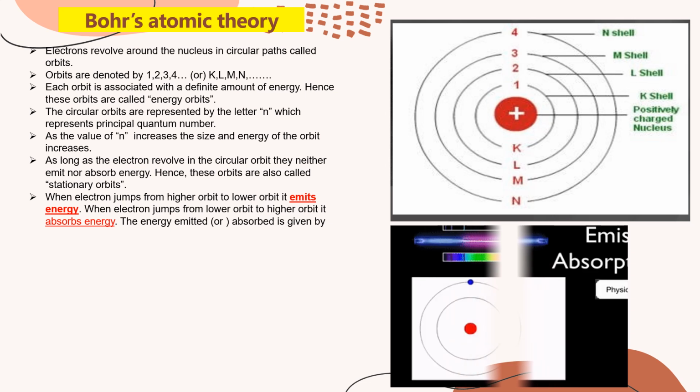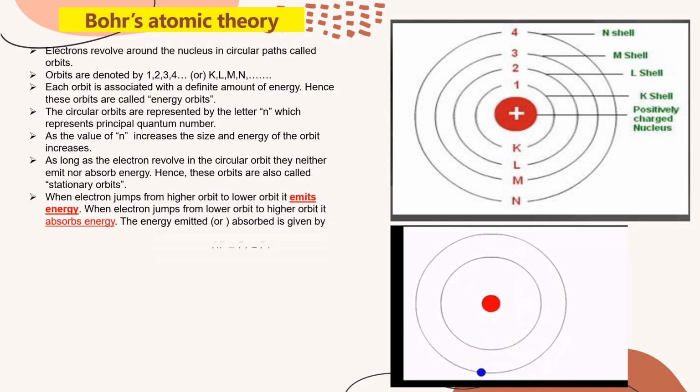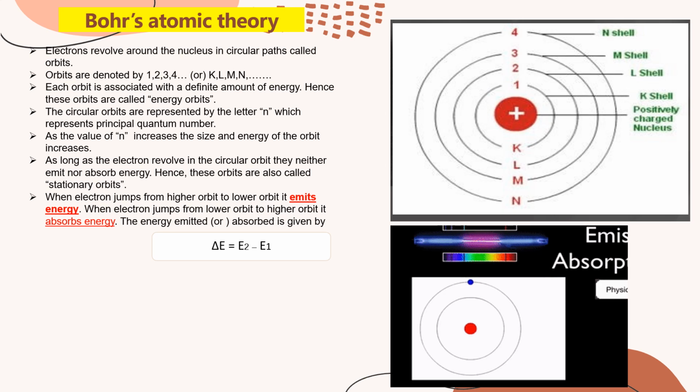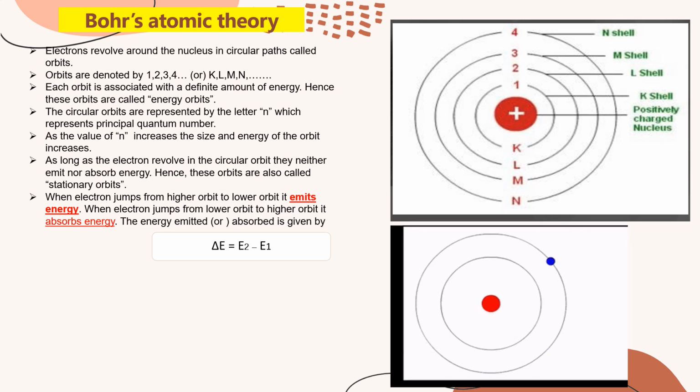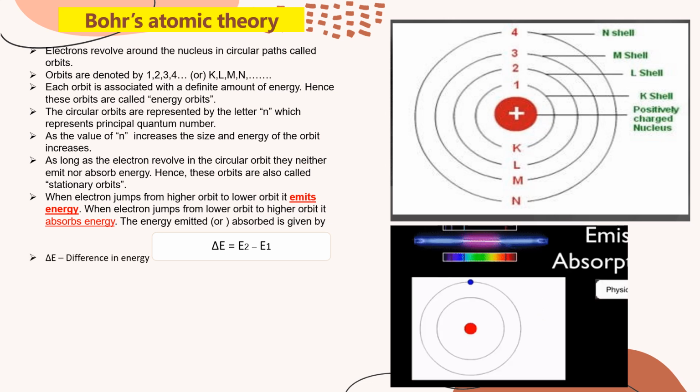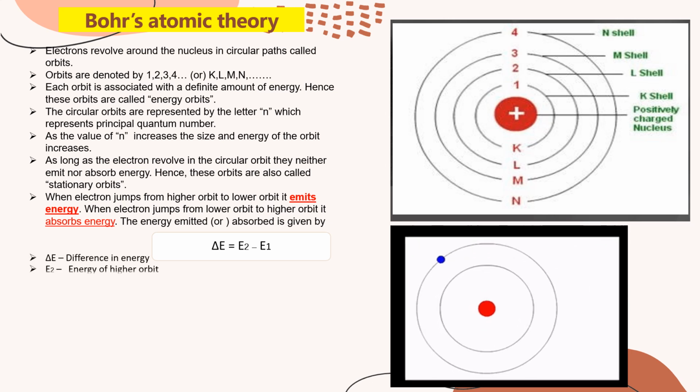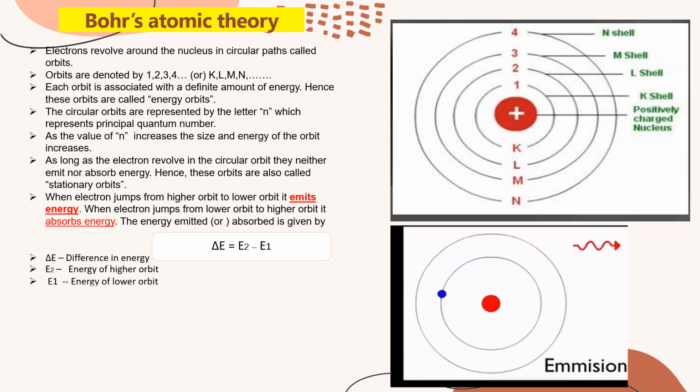When an electron jumps from a lower orbit to a higher orbit, it absorbs energy. The energy emitted or absorbed is given by delta E equals E2 minus E1. Here delta E is the difference in energy, E2 is the energy of the higher orbit and E1 is the energy of the lower orbit. The angular momentum of an electron is an integral multiple of h by 2 pi.